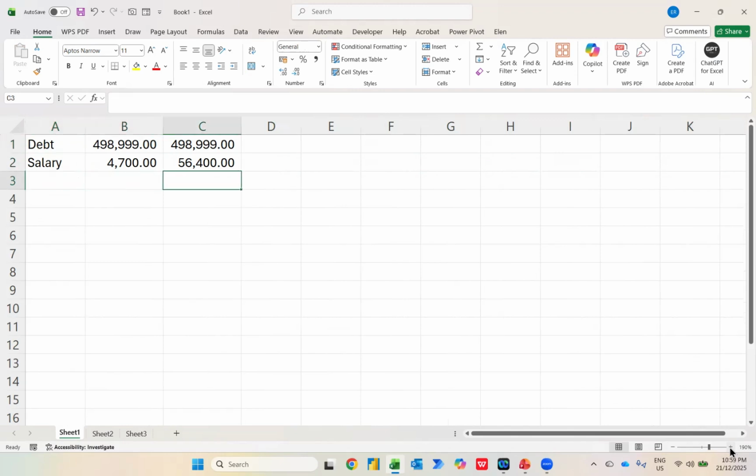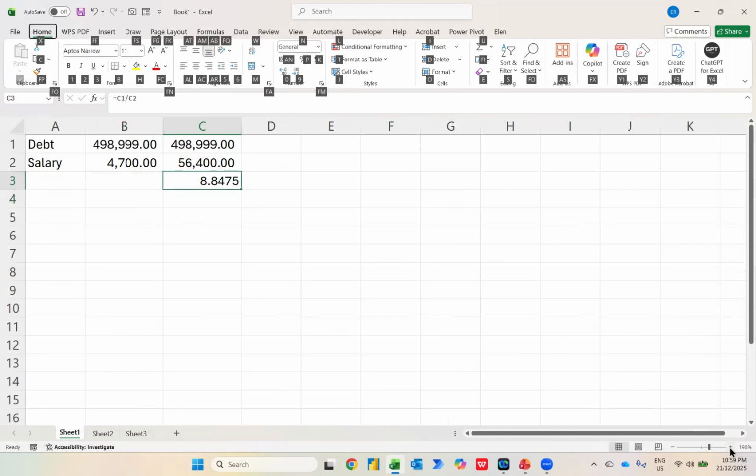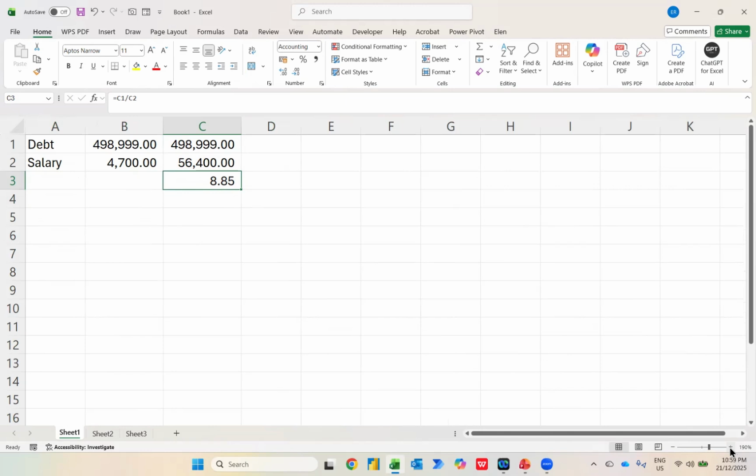So if I divide the debt by the salary, you take at least 9 years roughly to fully utilize our salary to cover the debt payment. So basically, it will take about 9 years for us to cover the debt payment.